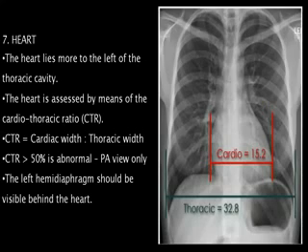As for the heart, we will see the cardiac size and the shape, the contour of the heart. The cardiac size is measured using the cardiothoracic ratio. We measure the size of the heart and the size of the thorax, and take a ratio. Up to 50% is normal; more than 50% is cardiomegaly.